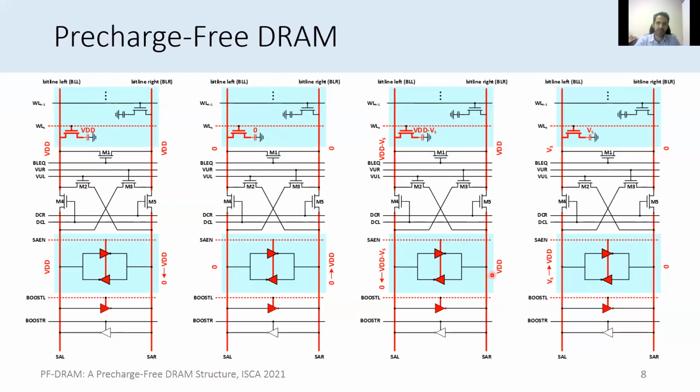If we have VDD here, this NOT gate will win the race against these two NOT gates and drop the voltage from VDD minus Vs to 0 in this case, and boost the voltage from Vs to VDD in this case. You can see in all of the four conditions, the SAL voltage will correctly determine the stored value in the cell.